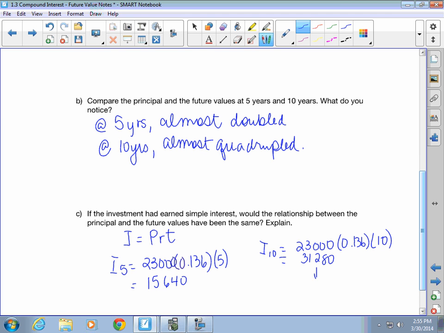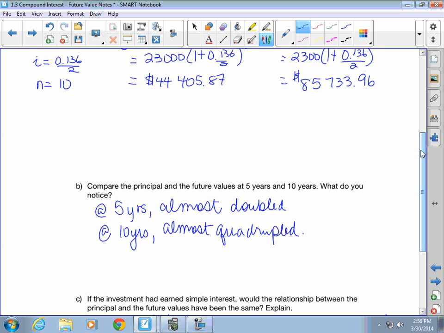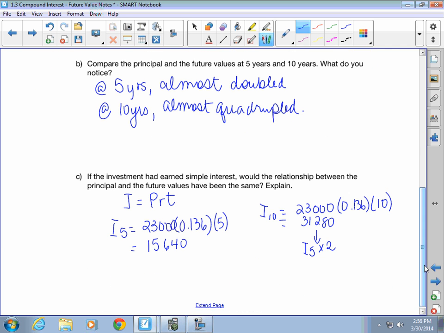And if you notice, that's just our 5-year interest times 2. So in the compound interest one, a 44 to an 85 was more than times 2. So why is this different? Why didn't our investment double or quadruple?